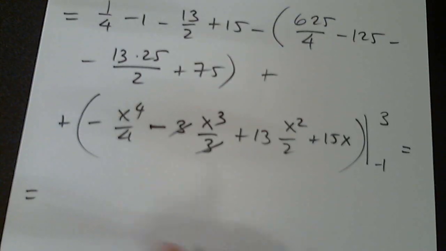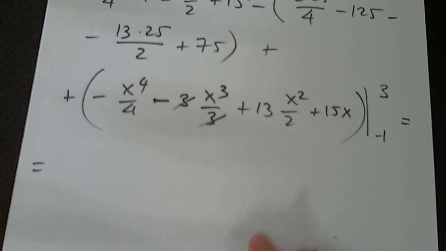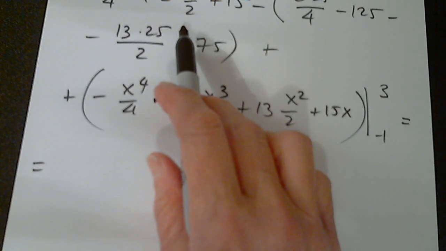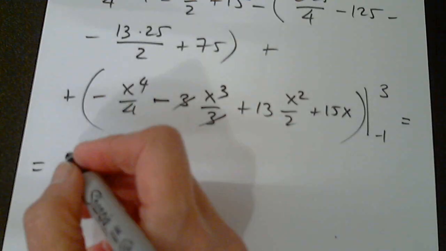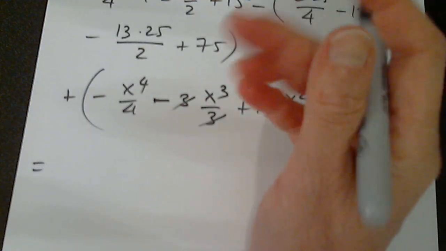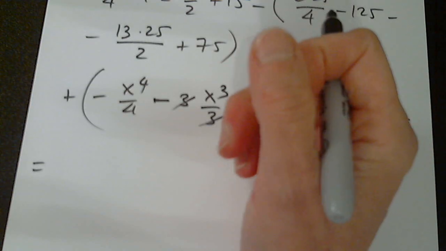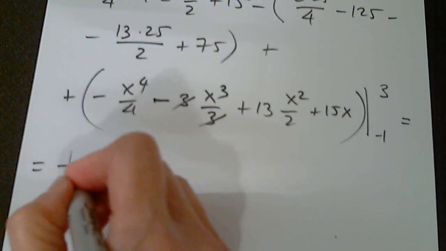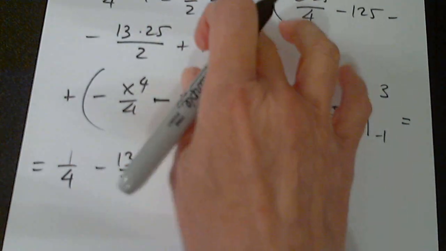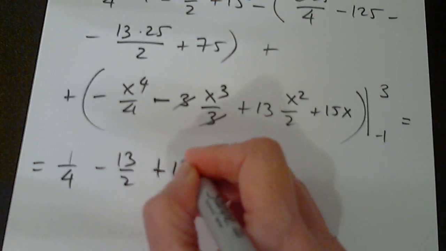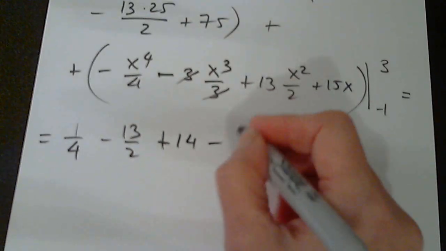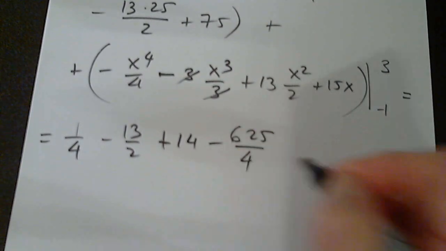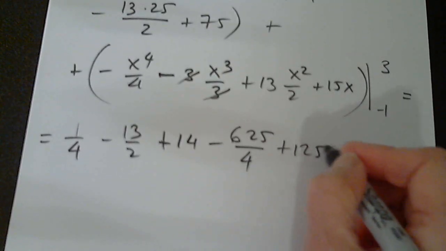I cannot blame anyone. I chose the problem. I'm kidding. Okay. So, 1/4 minus 13 halves, and this is plus 14, minus 625 over 4, plus 125.